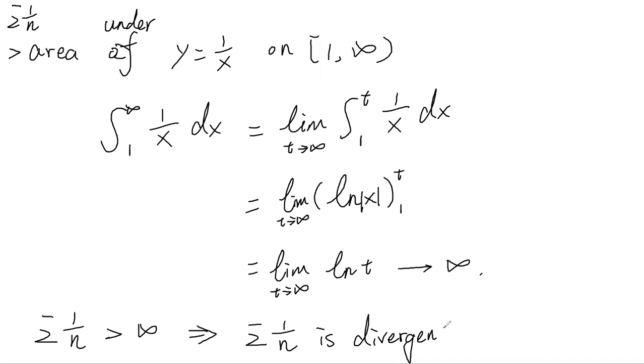Because if it were convergent, then it must be a fixed number, but a fixed number can never be greater than infinity. Any questions about this?